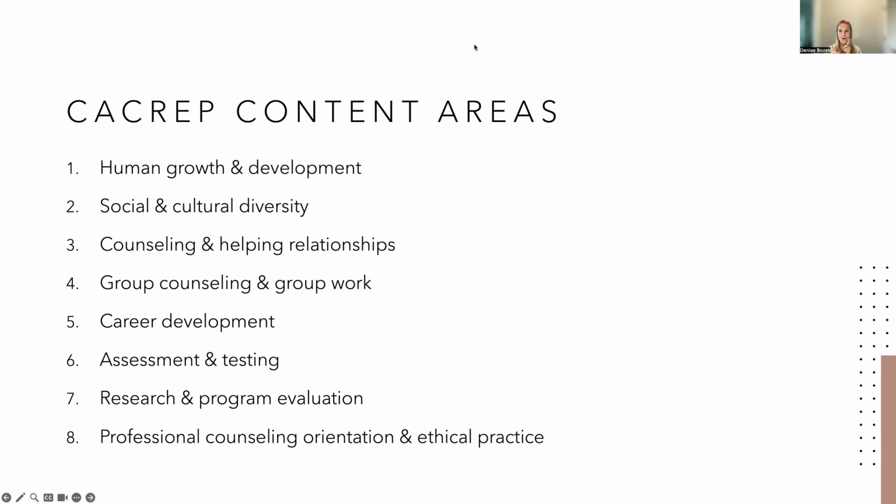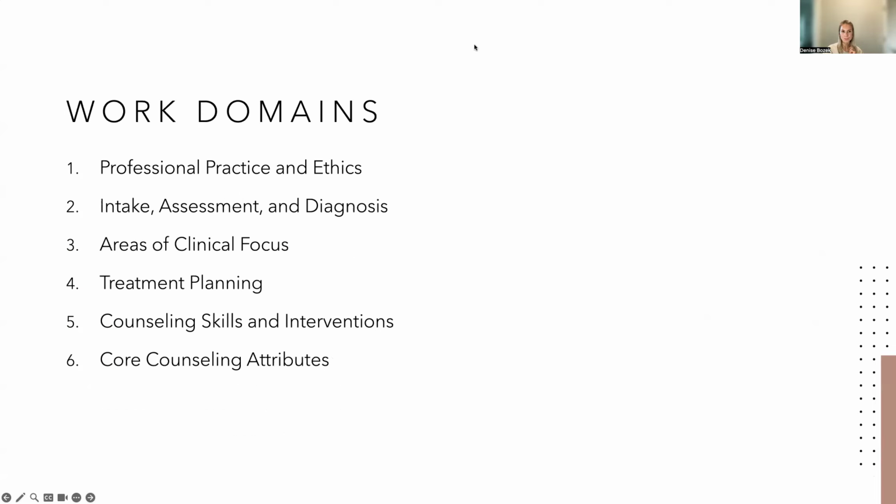I have some videos on the assessment section, so make sure to go check those out if you are not a math person, because I break it down, try to make it as simple as possible. And then there's research and program evaluation, and then finally professional counseling orientation and ethical practice, which the most important thing to know with that section is the ACA Code of Ethics. So make sure you read, review, study that as much as possible for that section.